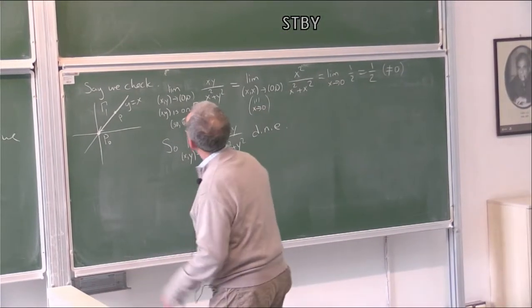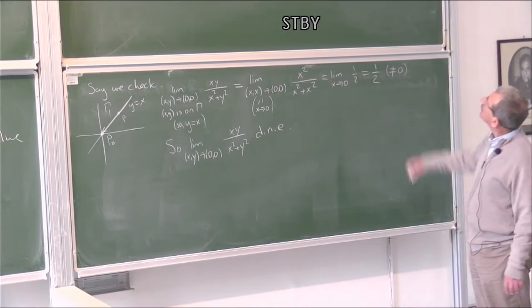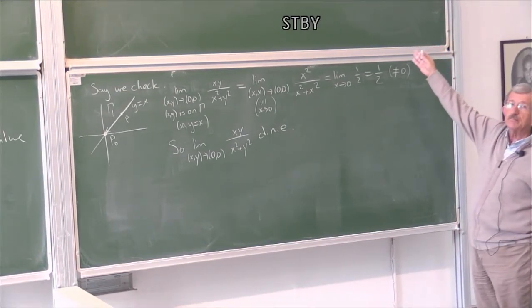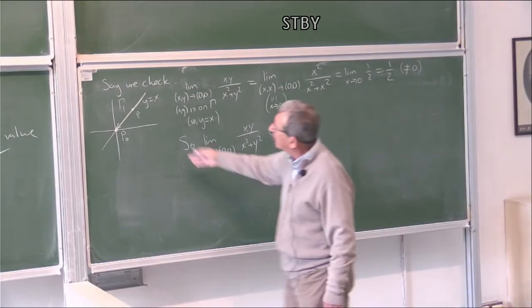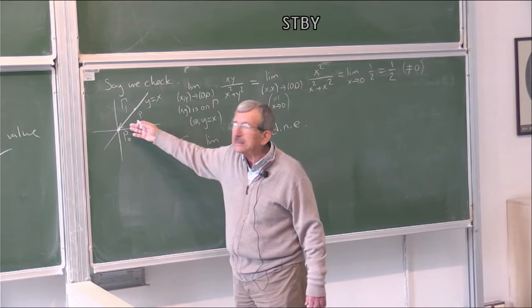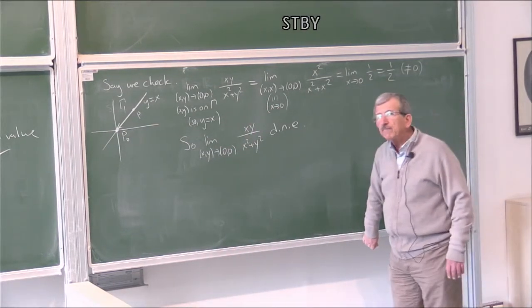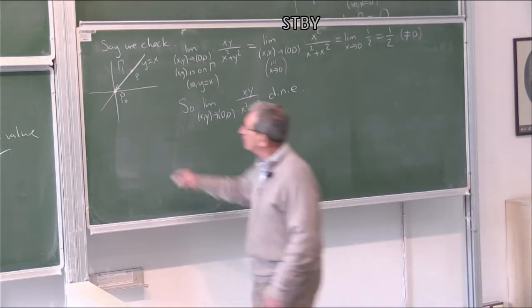So far, we checked a curve which gave us a limit. We checked another curve, a straight line for simplicity, and we obtained this. We could have done this a little differently.